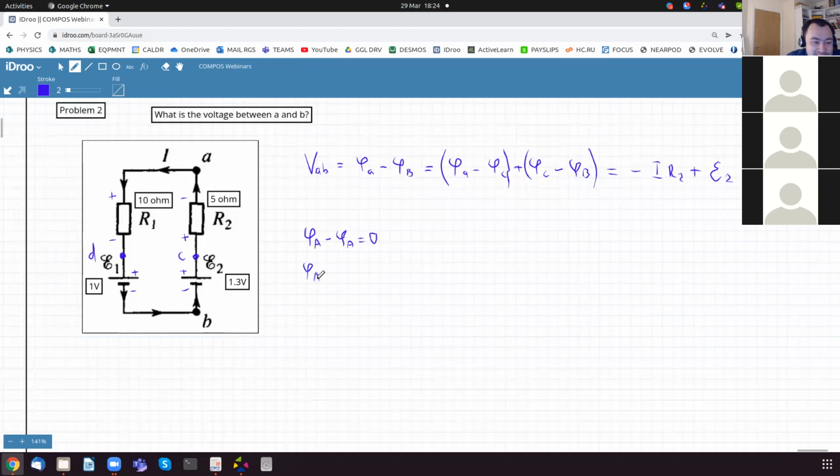So potential at A minus potential at D plus potential at D. Sorry, I'm being inconsistent with how I'm using the A's. Small a, of course. Potential at A minus potential at A is 0. That's obvious. So phi A minus phi D plus phi D, I can cross them out, right?